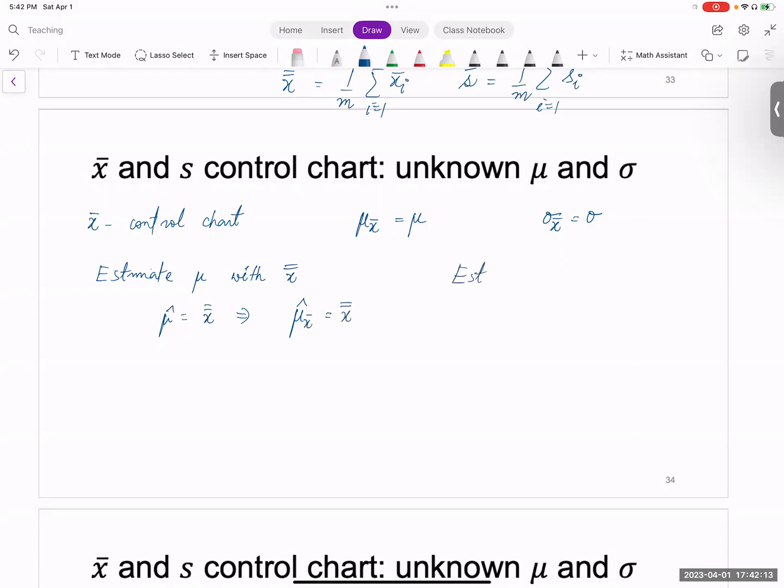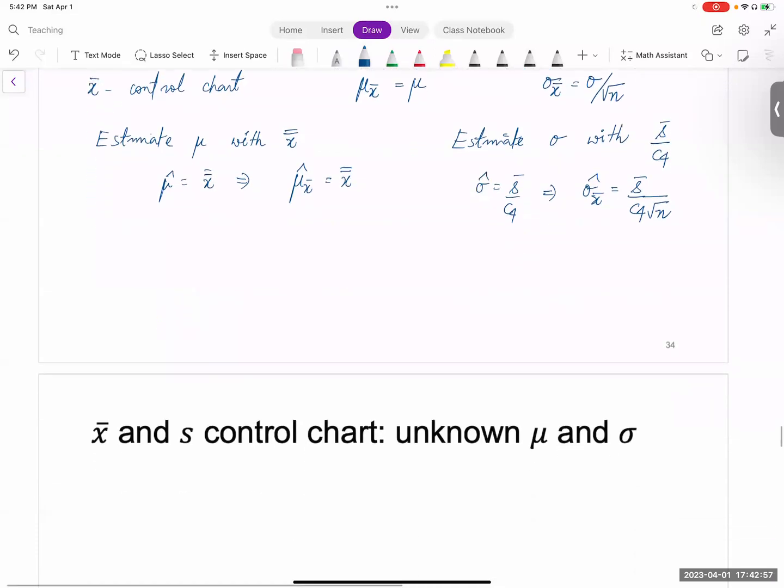Similarly, we will estimate sigma with S bar, which we have computed from data, S bar divided by c4, which gives us sigma hat equal to S bar divided by c4, which implies sigma of X bar hat is S bar divided by c4. Oh, sorry, I think I'm missing here a square root of n. So I'm missing a square root of n here also. All right, so now we have mu of X bar hat and sigma of X bar hat.